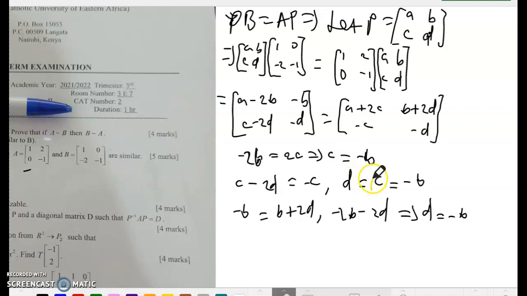We have c to be negative b, and then we have d is equal to c. C is equal to negative b, d is equal to c, and c is equal to b. Then another one we need to show is that d here is equal to negative b. So we can work with that now.